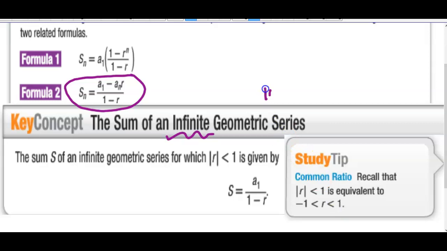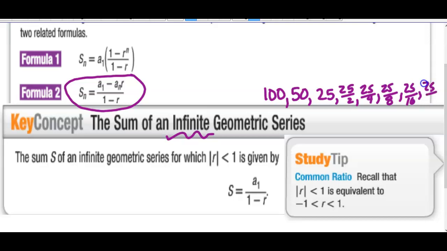Say I had a value of 1/2, and I started with 100, then 50, 25, 25 halves, half of that would be 25 fourths, 25 eighths, 25 sixteenths. We're down to less than 2, okay? 25 over 32. Now we're down to less than 1.